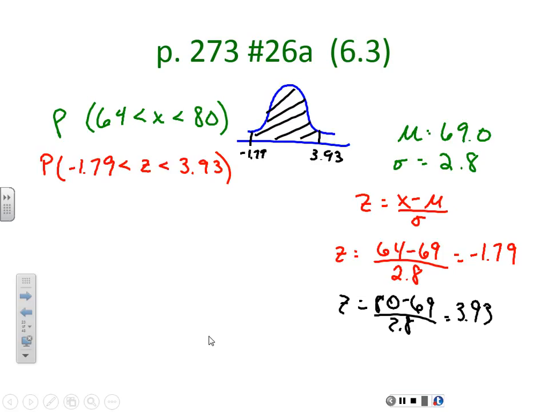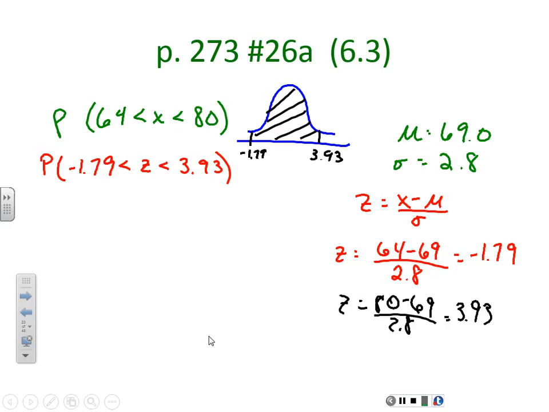So when we look at putting the 3.93 in as our z-score, if you have 3.50 and above, it's very unlikely that's going to happen just by chance. So we're getting 0.9999 is what you're going to put in for those.